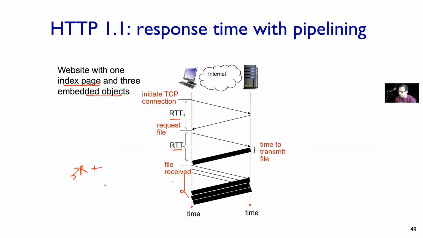There's a question: if one of the responses is lost when pipelining, are all 3 sent again? No, not really. Remember, here we are talking at the abstraction of the application layer, right? Each of these will go and sit inside some TCP segments, which will sit inside some IP datagrams, and so on.